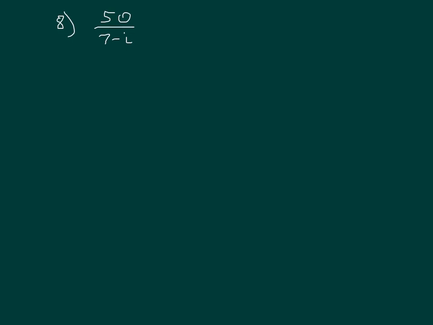So let me do that. So we're going to multiply by the conjugate 7 plus i over 7 plus i. Then on the top we get 50 times 7 plus i, and on the bottom we get a squared minus b squared. a squared is 7 squared, so I'll just write 7 squared minus i squared.